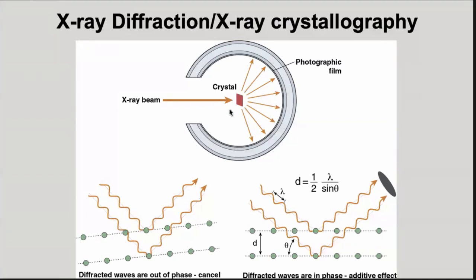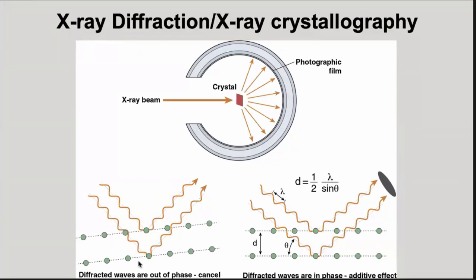As the X-ray beam strikes the crystal, the X-ray beam is bent at very specific angles, a process that we call diffraction, and hits the photographic film in a few very specific spots. When it hits those spots, it exposes the film. So what you end up with when you do X-ray crystallography, the initial data, is just a bunch of black dots on a piece of photographic film.